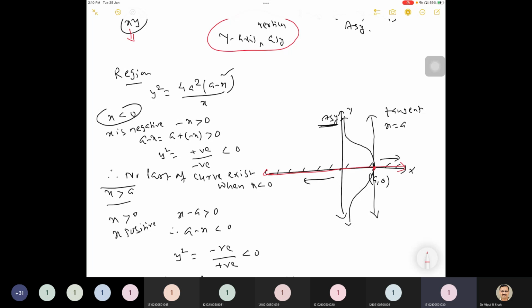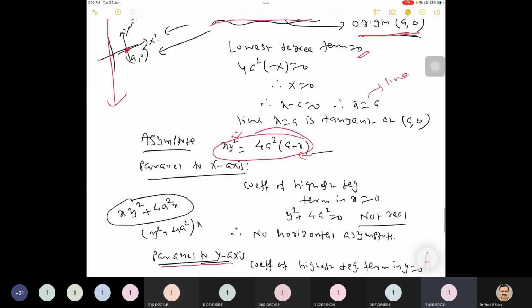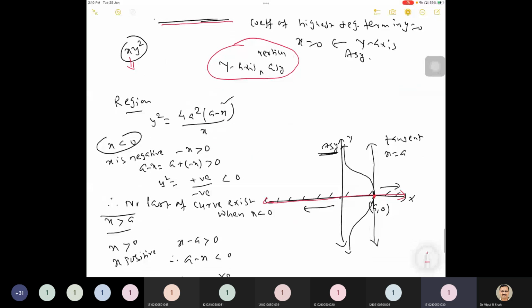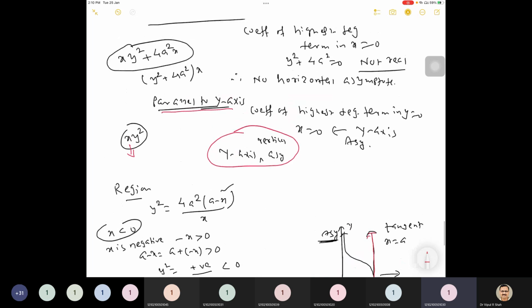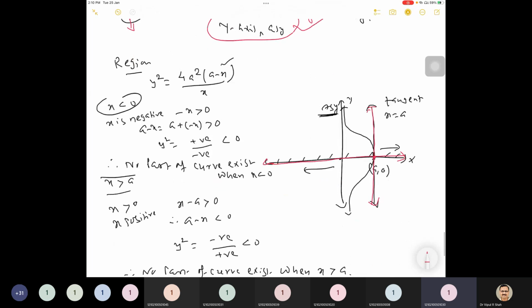And at the point A0, the tangent line we found is x equal to a. So this is the tangent line. What about the asymptote? No horizontal asymptote, and the y-axis is the asymptote. Write down here: the y-axis is the asymptote.